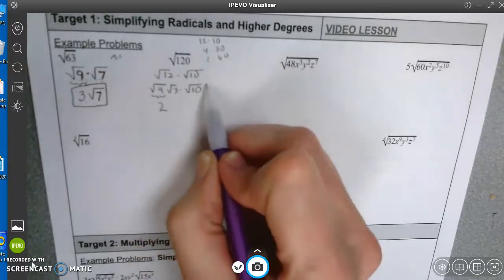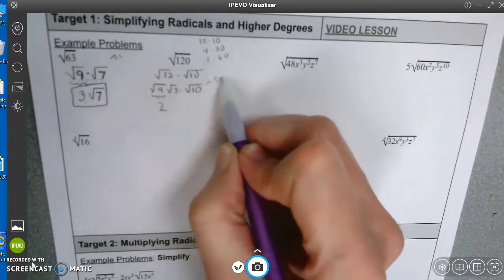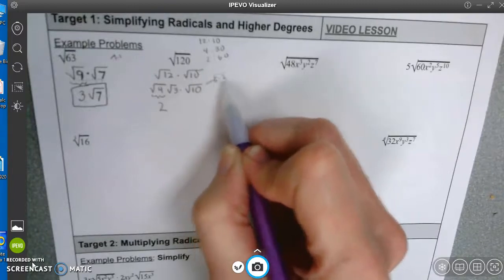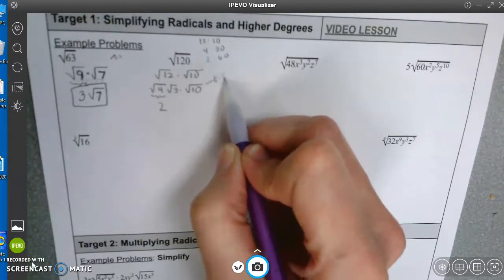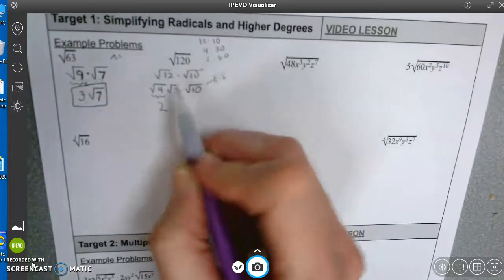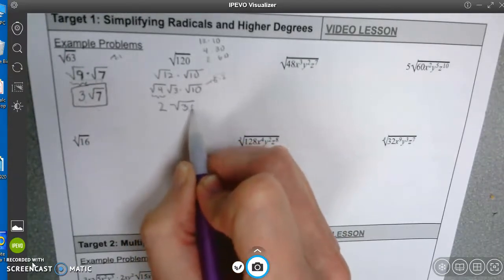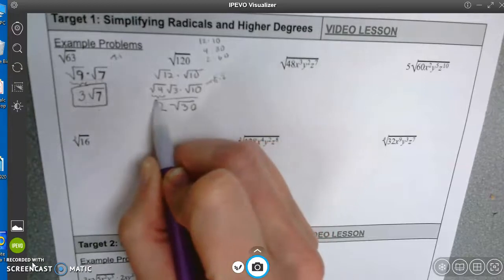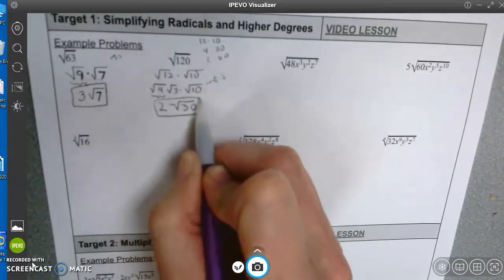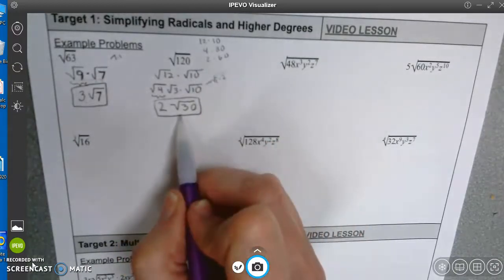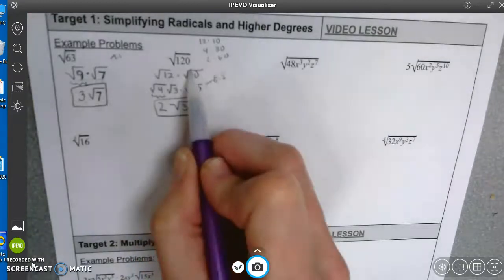And if I break up 10 again, I'm going to get 5 and 2. And neither of those are perfect squares. So not a perfect square, not a perfect square, not a perfect square. That means I need to just put these guys back together. And that answer is the best answer that we can get. So again, you can put it into your calculator, double check.